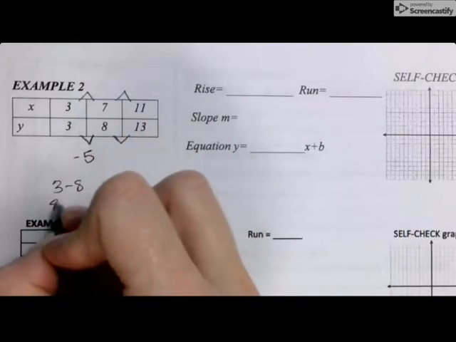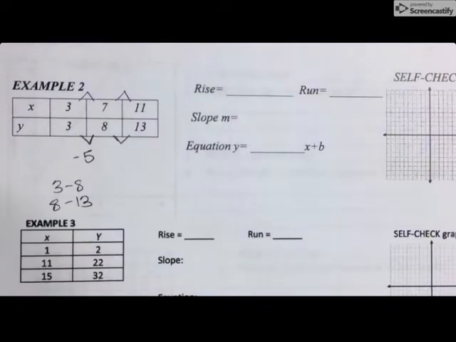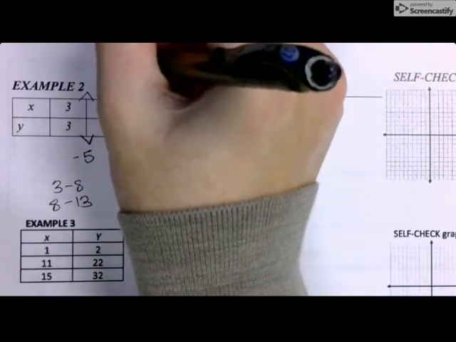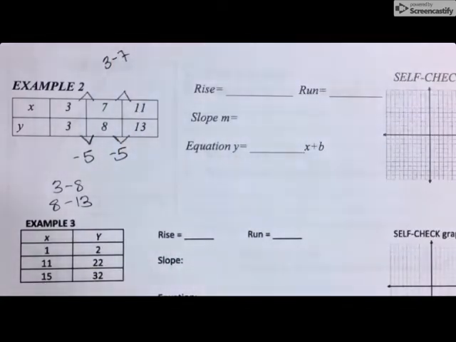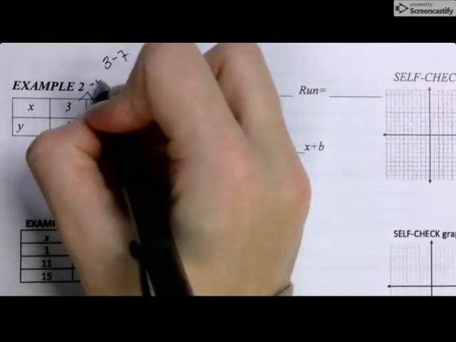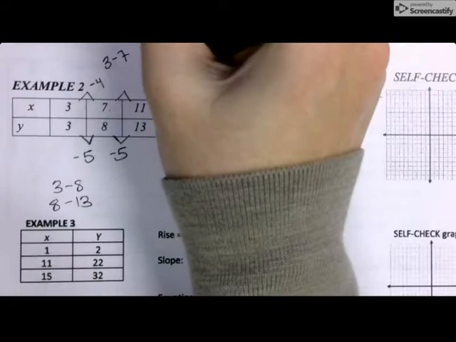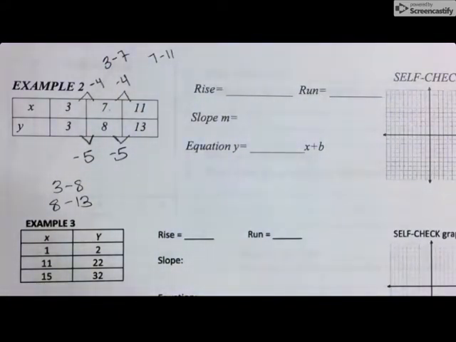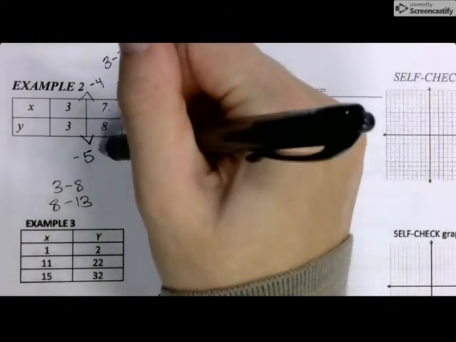Then we're going to do 8 minus 13, which gives you what? -5. Up top, we're going to do 3 minus 7, which gives you -4, and 7 minus 11, which gives you -4.